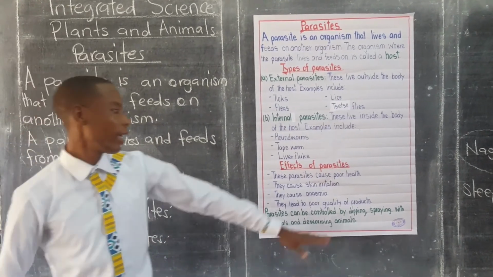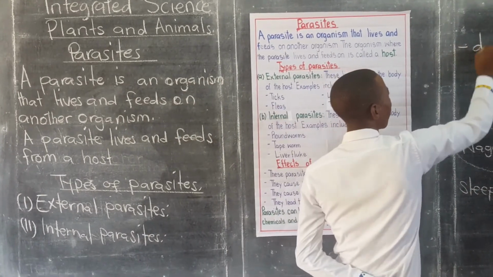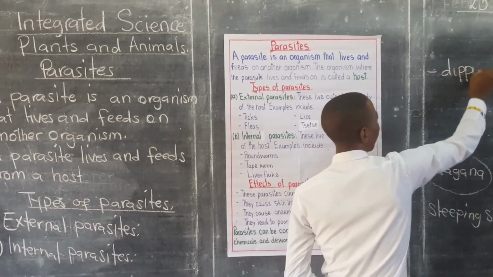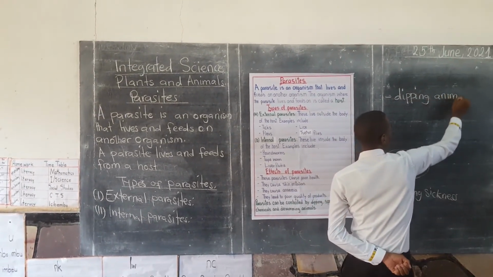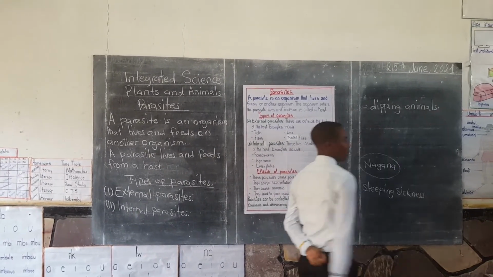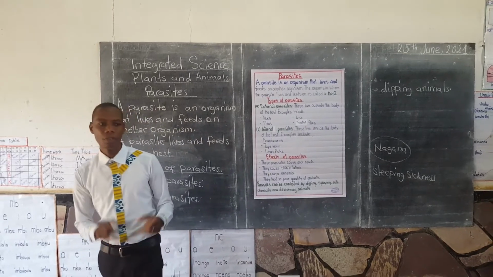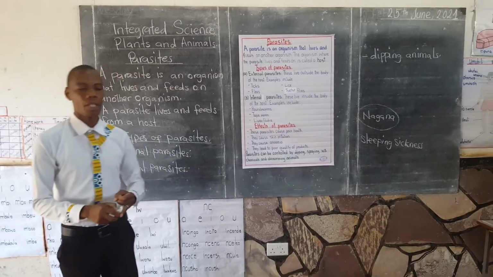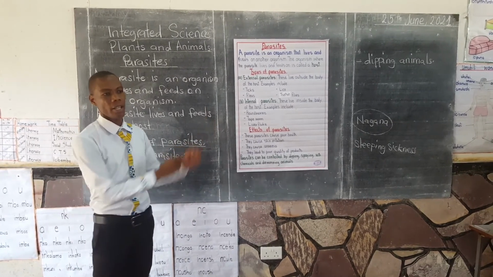is by dipping animals. How do you dip animals? You prepare a solution of chemicals as well as water. Then you allow animals to pass through that solution.